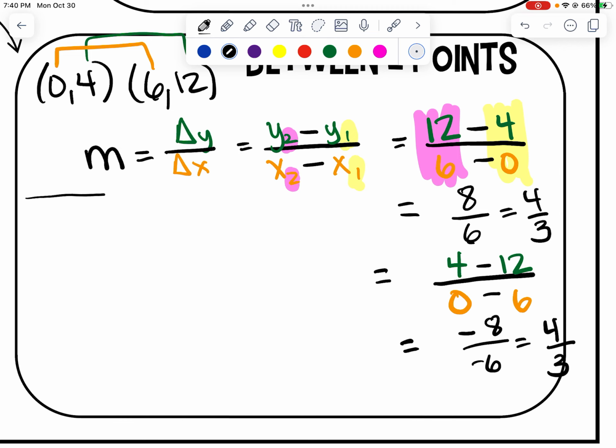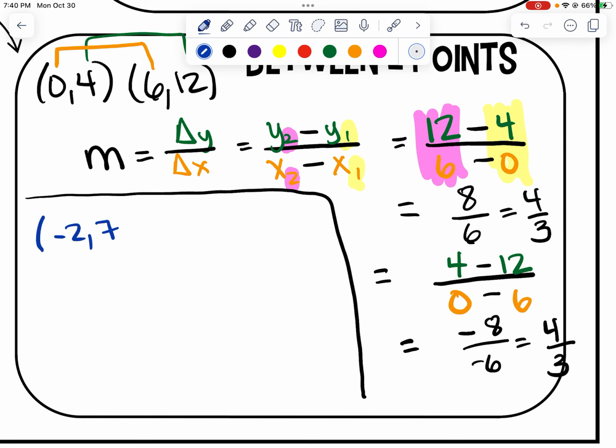I'm actually going to do 2 different points. I'm going to do -2, 7, and I'm going to do 2, -1. Again, I set this up like this. And I'm going to subtract my y's.